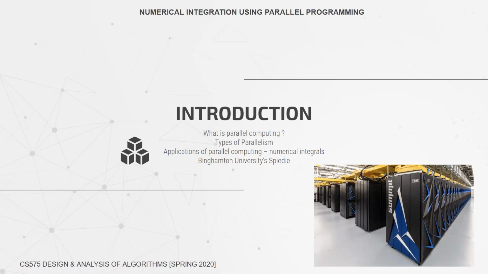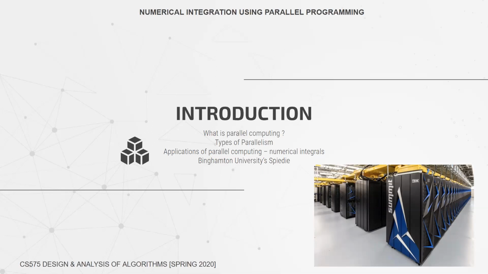One of the applications wherein parallel programming is used is to get the maximum throughput of supercomputers. One of the images that you can see in the presentation is the Summit, which is a supercomputer by IBM.